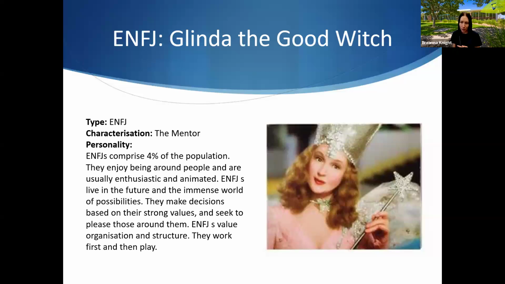If you're interested, you can pop your personality type into Google, and there are heaps of them for different movies or TV shows. This is just one I chose for myself. This is Glinda the Good Witch from the Wizard of Oz, who is supposedly an ENFJ. It can't really be taken too seriously, obviously, but if you're interested, once you've done the questionnaire, pop in yours and see what little character you might be.